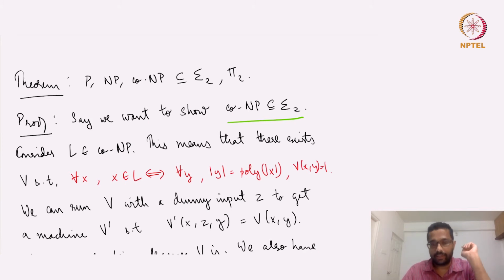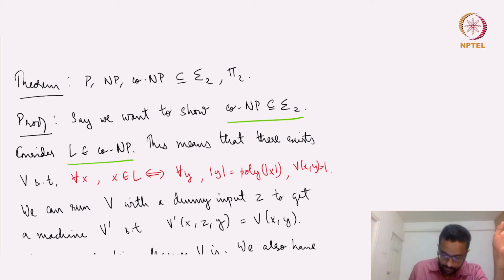So we take an arbitrary language L, right, which is in co-NP. Now we want to show that this is contained in sigma 2. So what does this mean? L is in co-NP. This means that there is a verifier characterization, such that is what is written here in red.